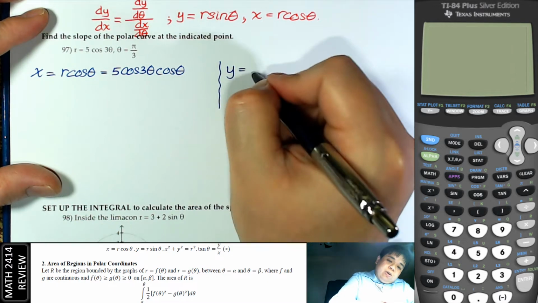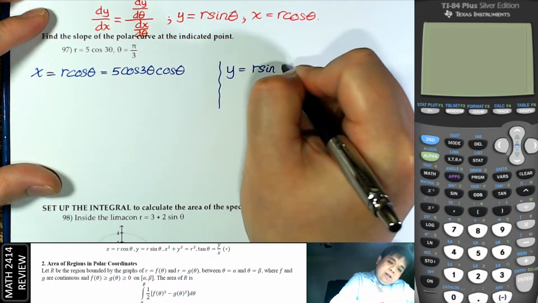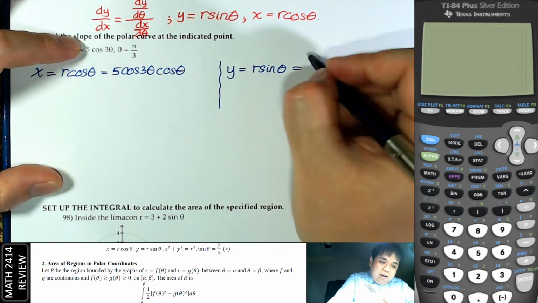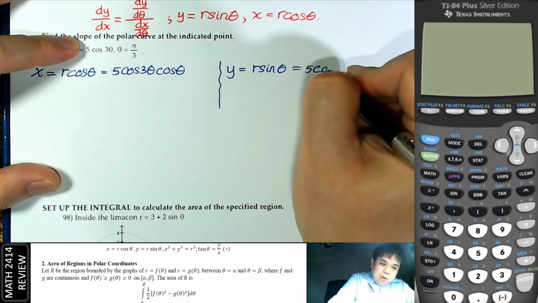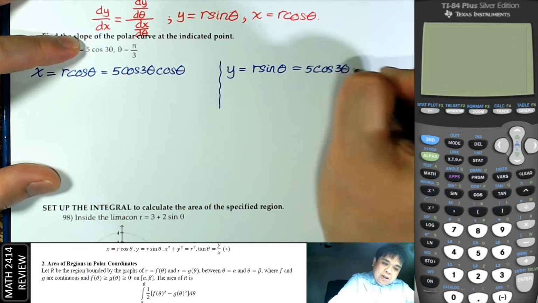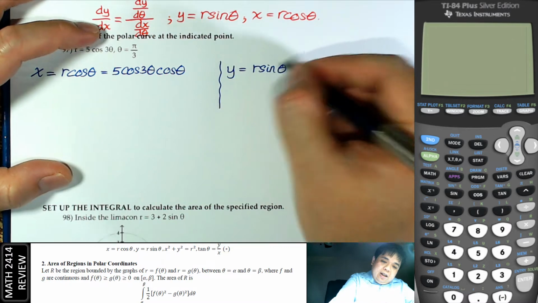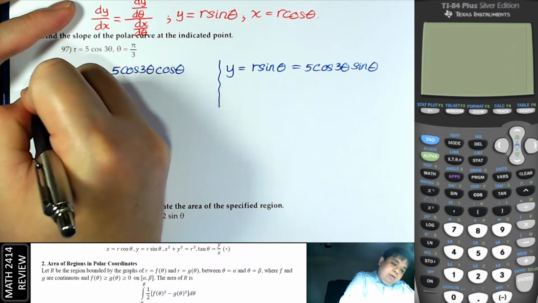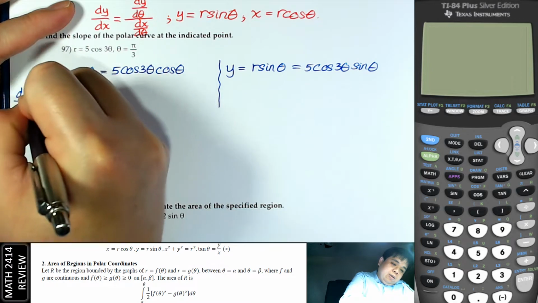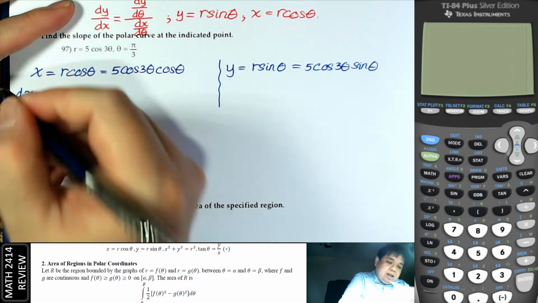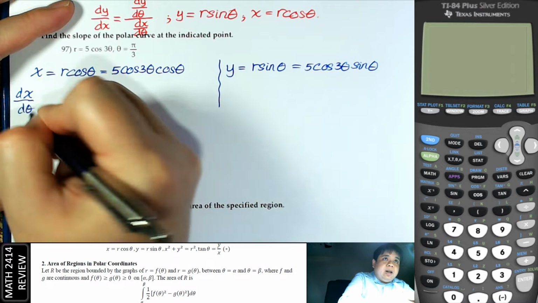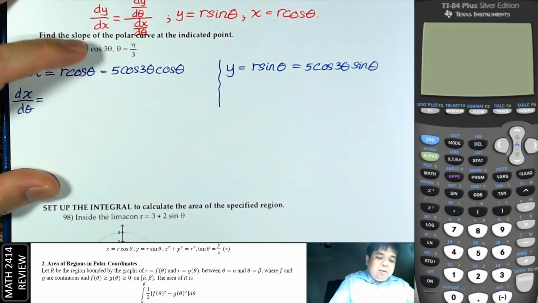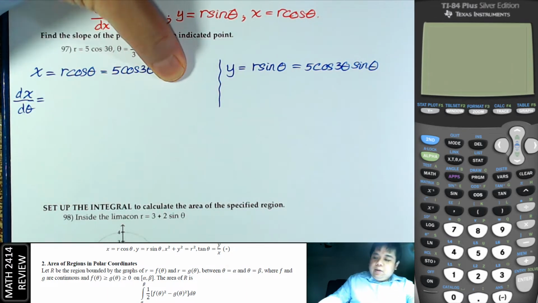Y is equal to r sine theta, where r is 5 cosine 3 theta, and then sine theta. So we'll take the derivative of x with respect to theta. Right, product rule.